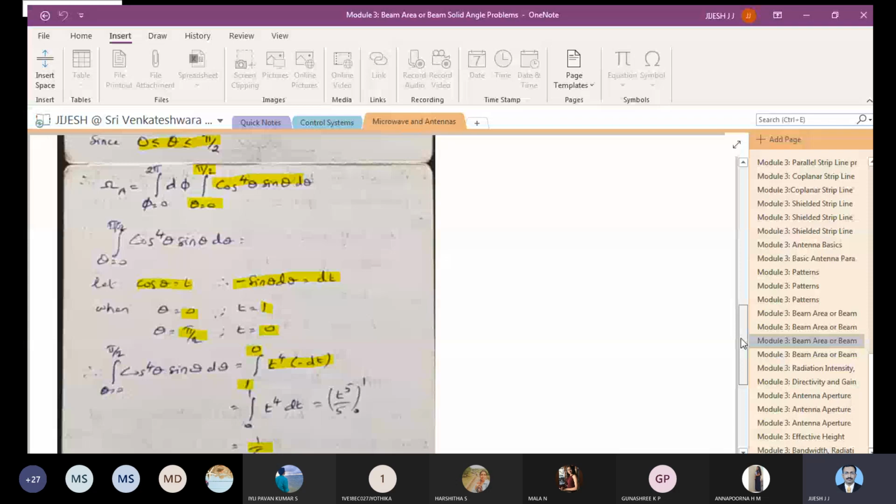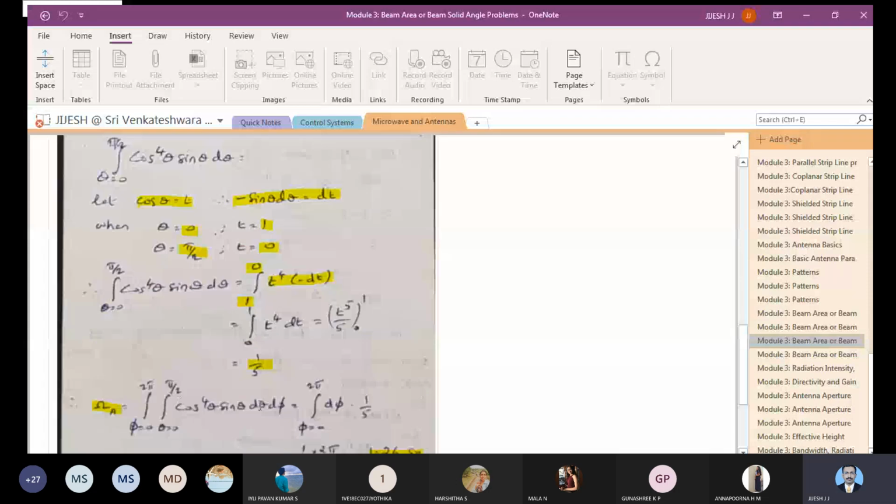So once you complete it, further you have to move on with the substitution in the above equation and then integrate it once again for phi. So integration from phi equal to 0 to 2 pi, integral of theta equal to 0 to pi by 2, this function. This answer we got as 1 by 5.